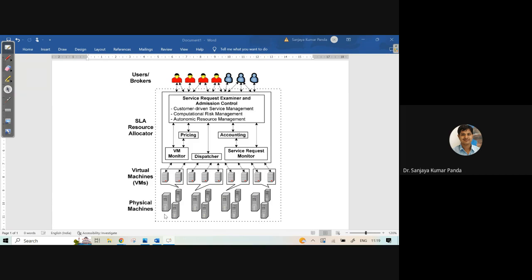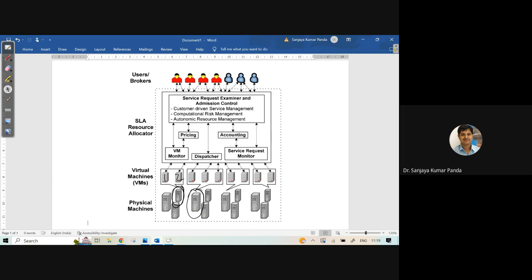So you can see, based upon the capacity of the physical machine, you can create virtual machines. I'll share one example. Let us consider this particular server and compare it with the second server. With this server, you have created two virtual machines, 1 and 2.